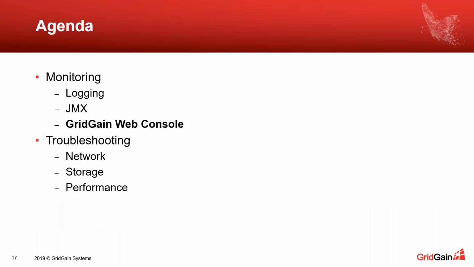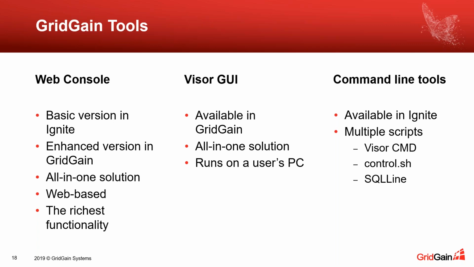Finally, the most complete solution that Ignite and GridGain provide is the GridGain Web Console. GridGain, and Ignite as well, come with a variety of monitoring and management tools. The first and the simplest ones are command line tools, which are listed on the right of this slide.